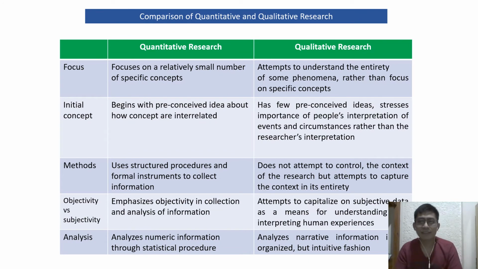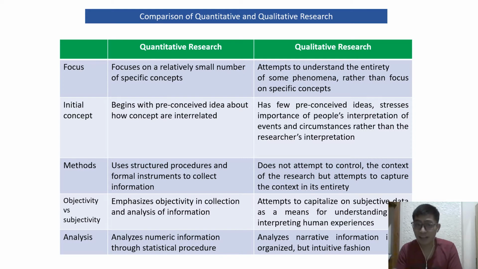So let's review the comparison of quantitative and qualitative research. Quantitative research is more on analysis, more on solving the problem itself, with structured procedures and a formal instrument to collect information. It is objectively done, analyzing numeric information through statistical procedures.